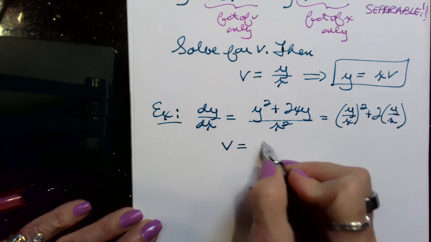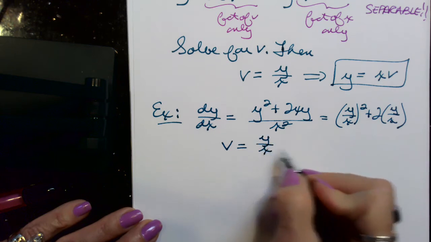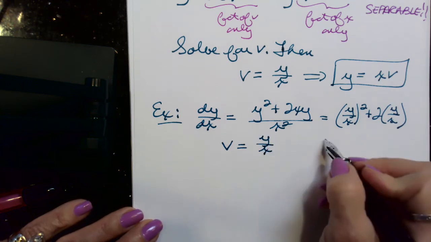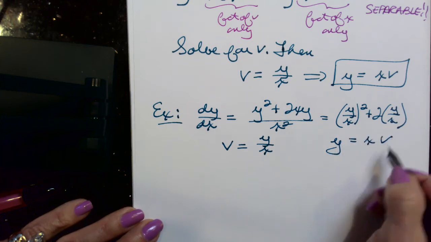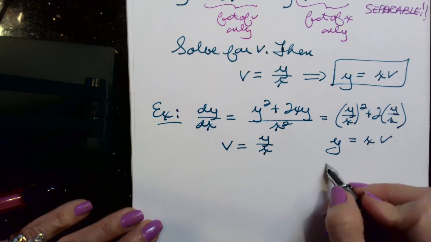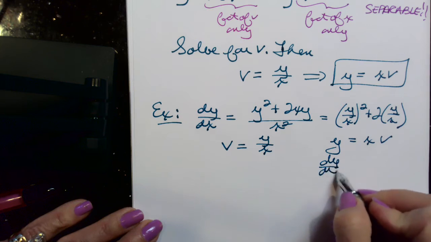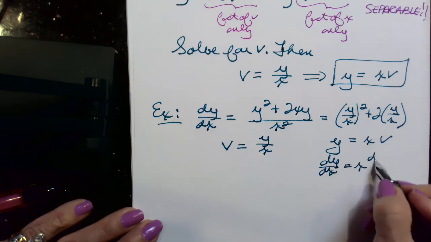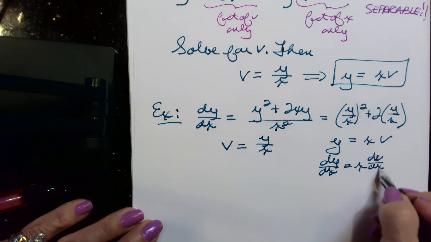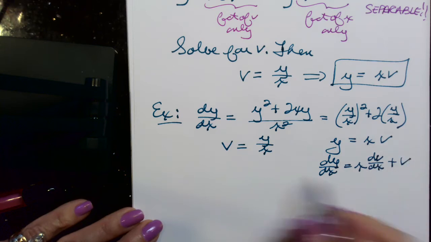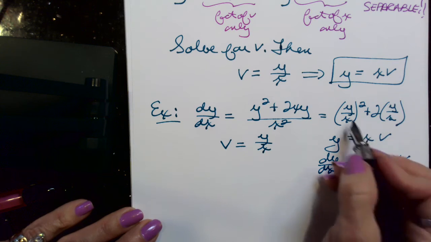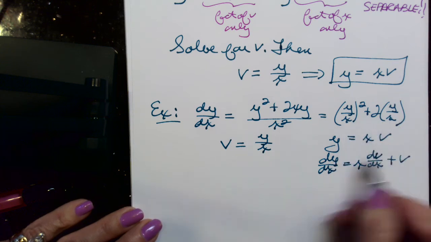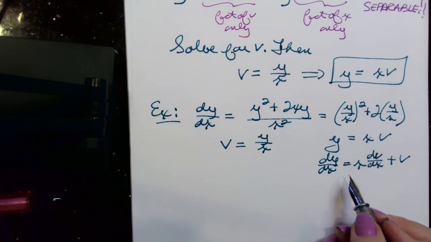So if we let v equal y over x, that says y is x times v, and then dy/dx is x dv/dx plus v. And that part never changes when we're doing this substitution for homogeneous equations. Once we know it's homogeneous, we do these same 3 steps all the time.